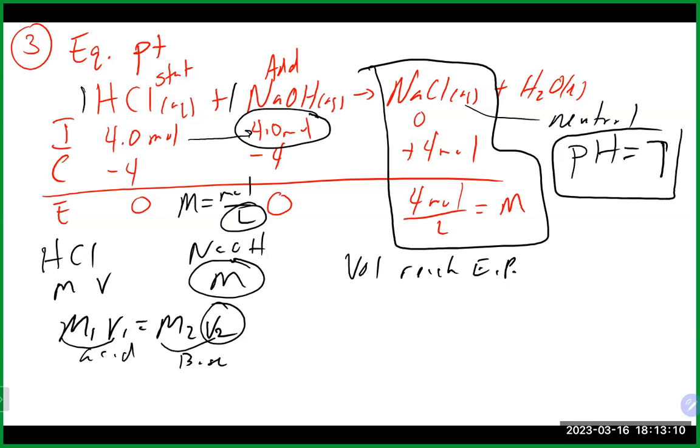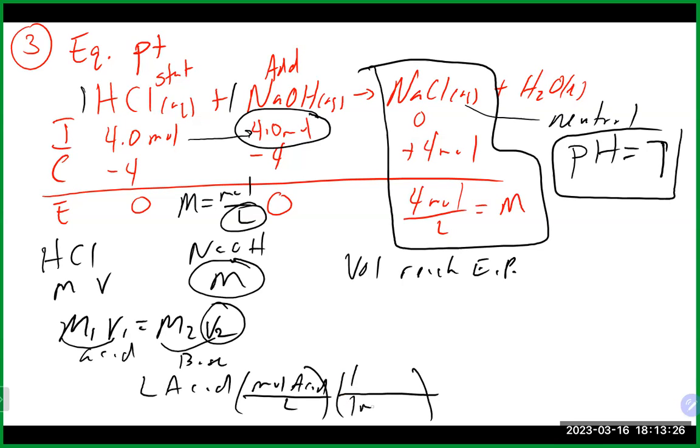Or you could do it the old school stoichiometry way, which is take your liters of your acid times the molarity of your acid. Use the mole to mole relationship between the acid and the base. Oops, that's a mole. And divide by the molarity of the base.